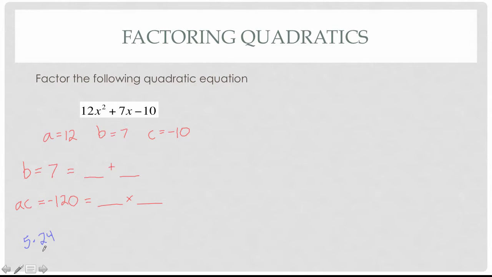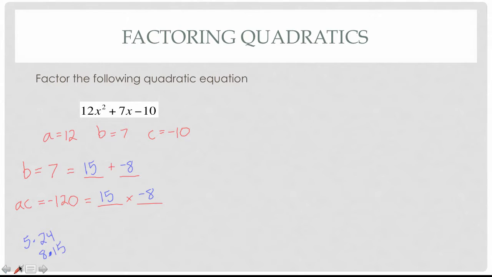And 120 divided by 8 means that 8 times 15 is 120. And I like that because I can get 15 minus 8 to give me 7. So my two numbers then are 15 and negative 8. There's my two numbers that multiply to negative 120, but that add up to 7.